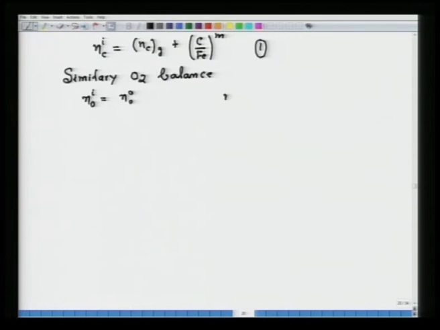So, N_oI is equal to N_oB plus (O/Fe) x. Here we are in fact making the atomic oxygen balance, because we are writing O by Fe. Similarly, while calculating the oxygen in the blast, we have to calculate the number of oxygen atoms entering with the blast, so that it becomes similar to O by Fe.